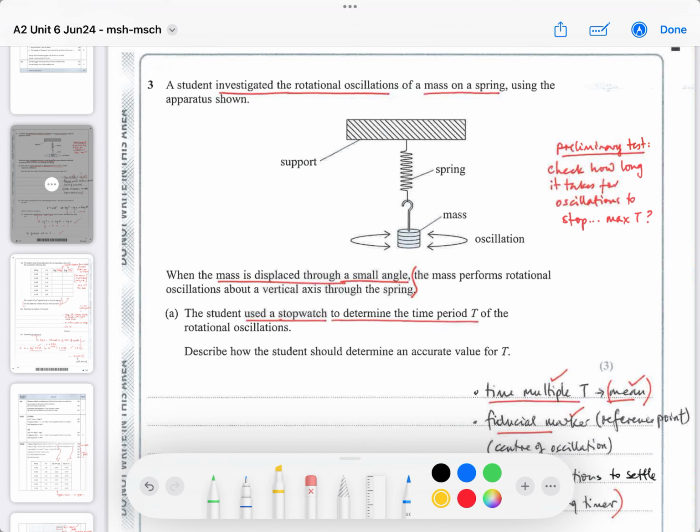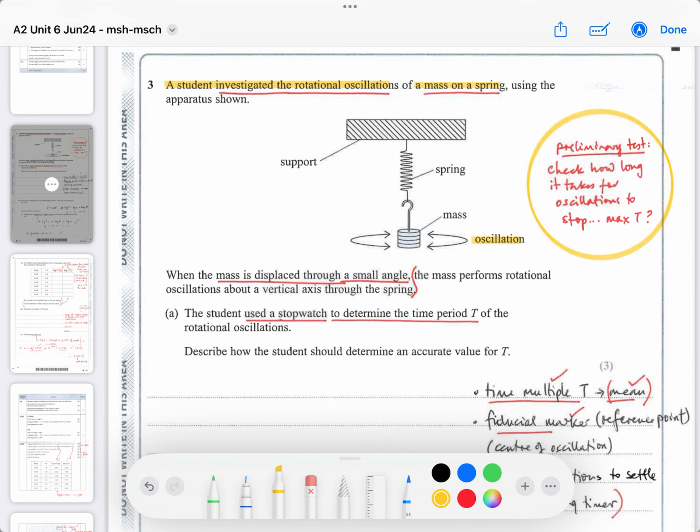So question 3 is a student investigated the rotational oscillations of a mass on a spring using the apparatus shown. So you can see that they're rotating it left and right, which is a variation of an oscillation. So the preliminary test would be to check how long it takes before it slows down.